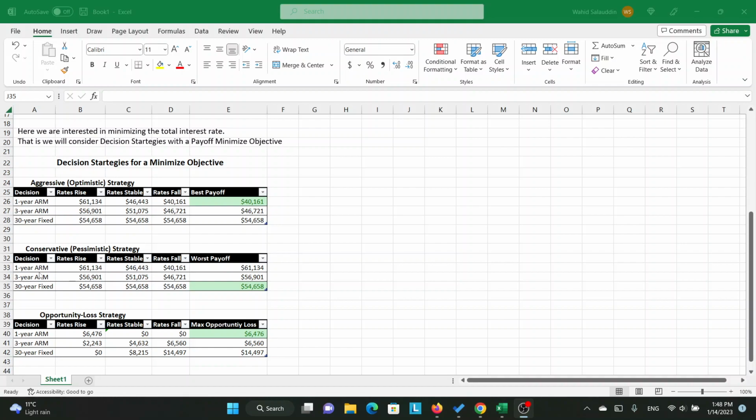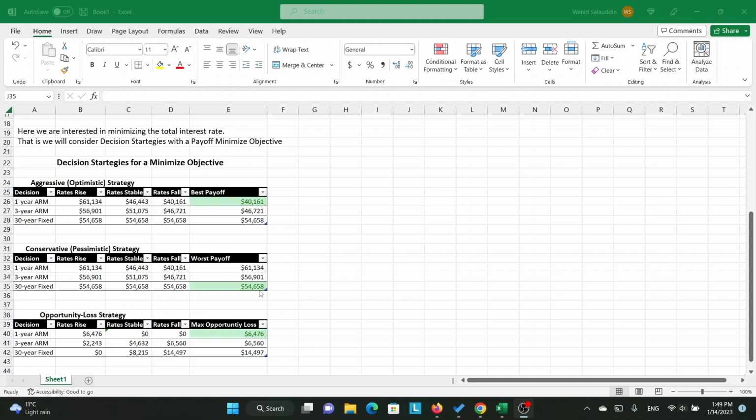For example, in the 1-year adjusted rate mortgage, the worst case scenario is if the rates rise and we pay $61,134 in interest charges. For the 3-year adjusted rate mortgage, if the rates rise, we'll pay $56,901. That's the worst payoff. And if we choose the 30-year fixed rate mortgage, then we pay a maximum of $54,658.